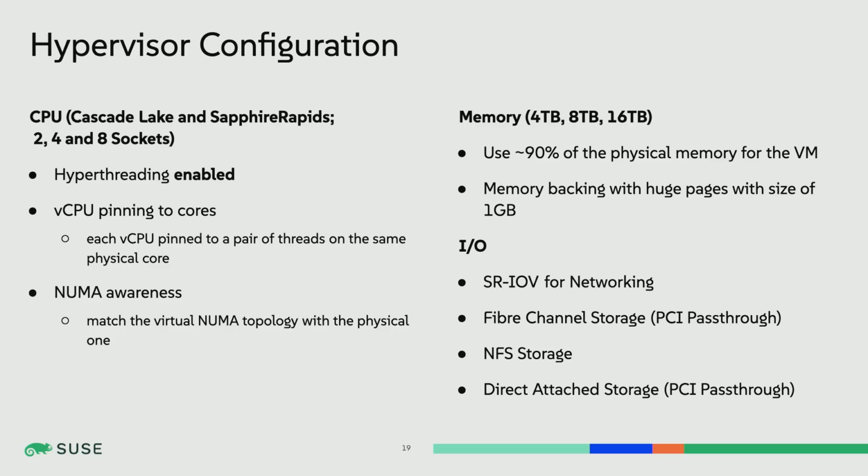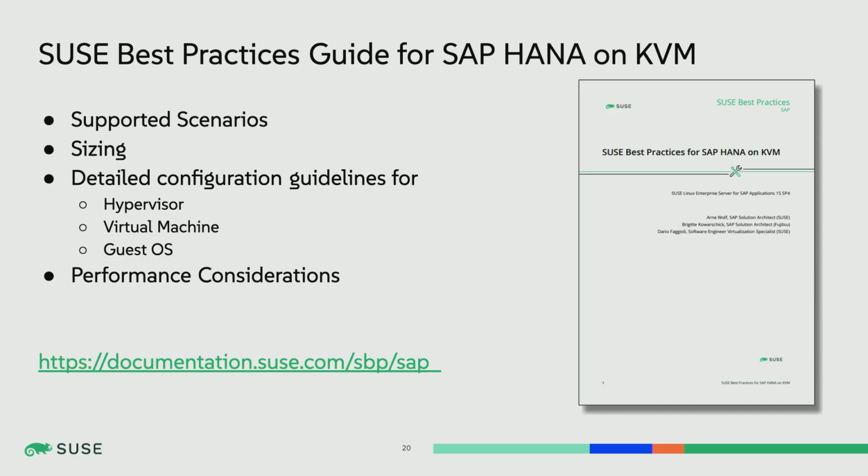We use SR-IOV for networking and PCI pass-through for Fibre Channel storage and direct attached storage. Currently, I'm testing if we also can use SR-IOV on Fibre Channel storage devices, but I'll update the proper channels if so. And for NFS storage, we also usually use PCI pass-through on the network device. All of what I just said is included in our SUSE best practices guides for SAP HANA on KVM, which can be downloaded there.